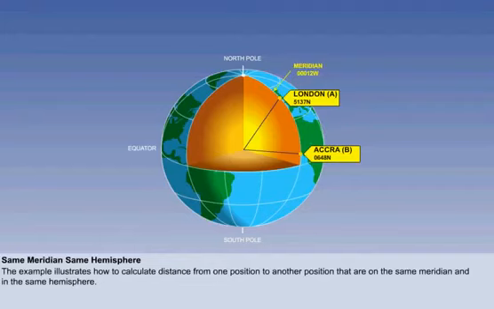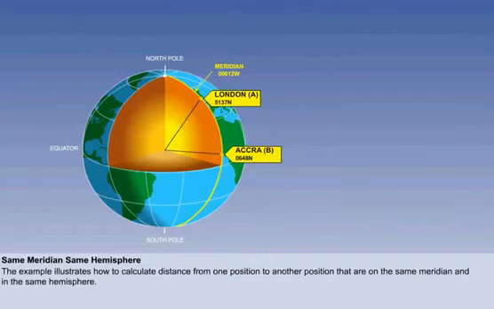Note that both of these positions are on the same meridian. We can see that from the latitude of London to the latitude of Accra, the ChLat is 44 degrees 49 minutes.